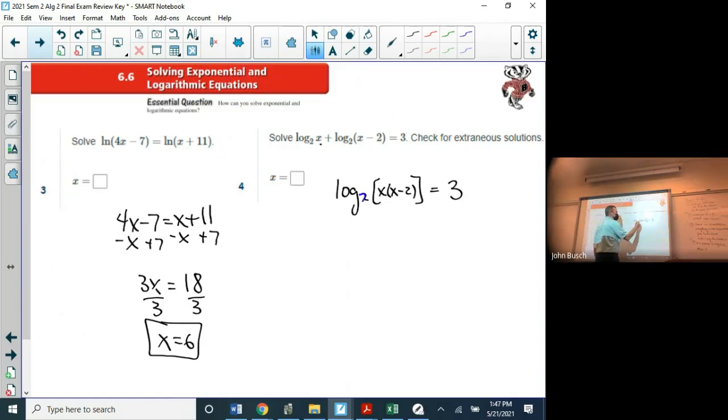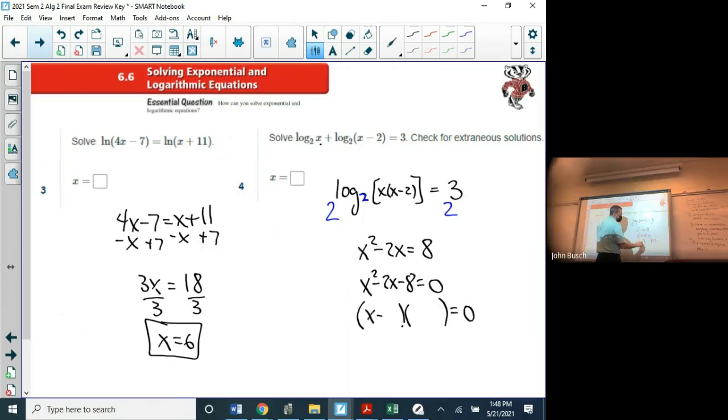In this case, it's going to be the 2 as the base. And we have this equation, x squared minus 2x equals 2 to the third power, which is the number 8. 2 times 2 times 2 is 8. And then subtract 8 from both sides and factor this.